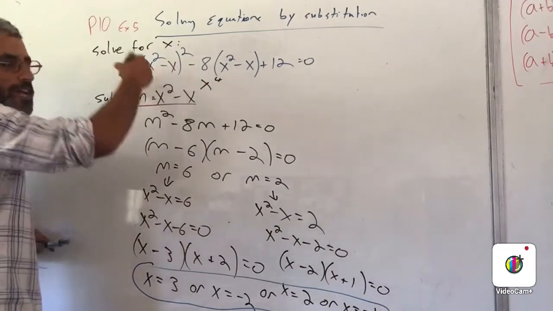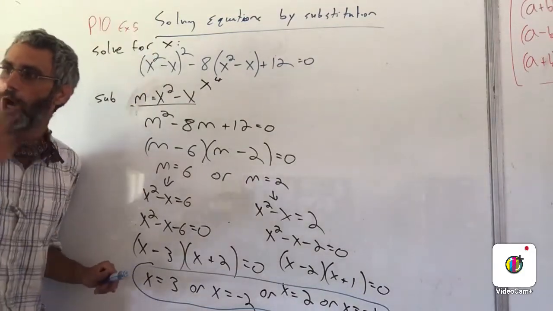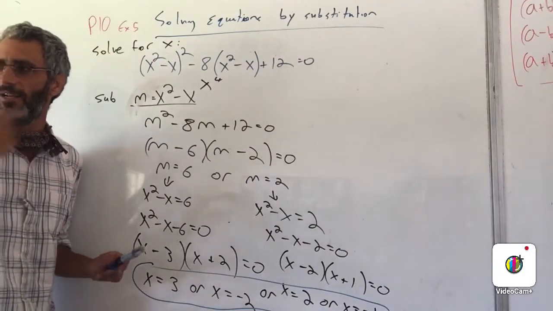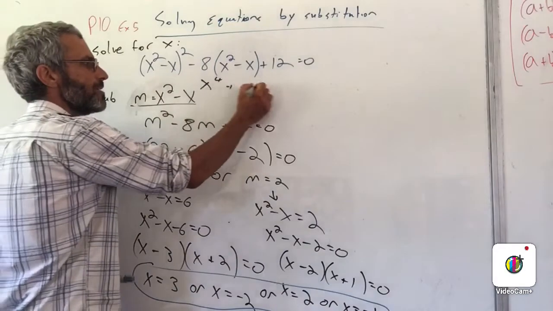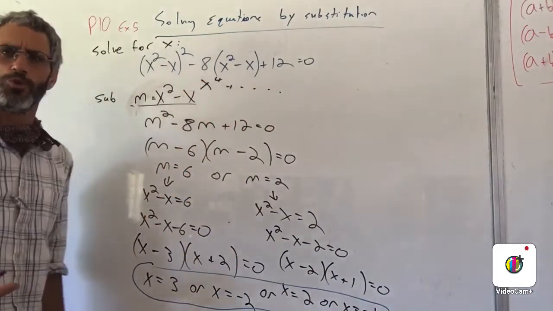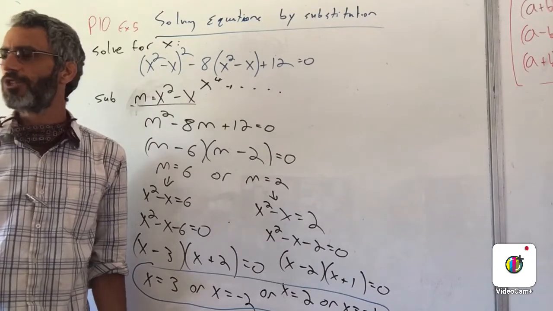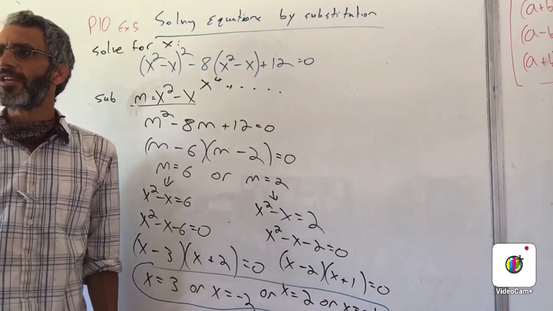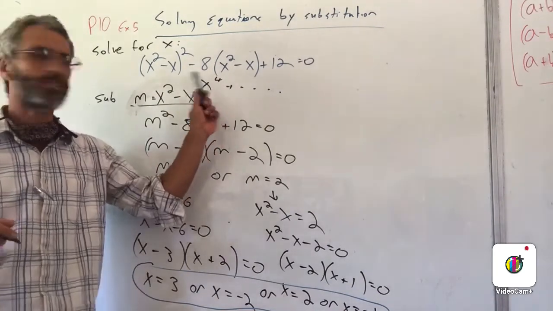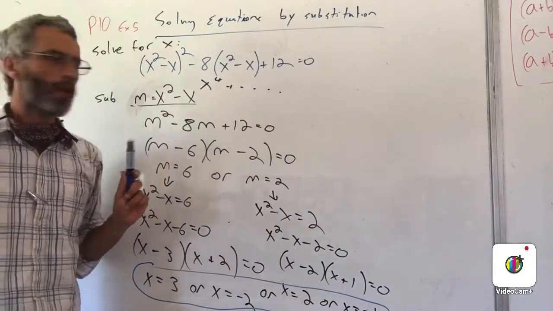You're also going to have x to the power 3, x to the power 2, x to the power 1, and a number. It's called a polynomial of degree 4.